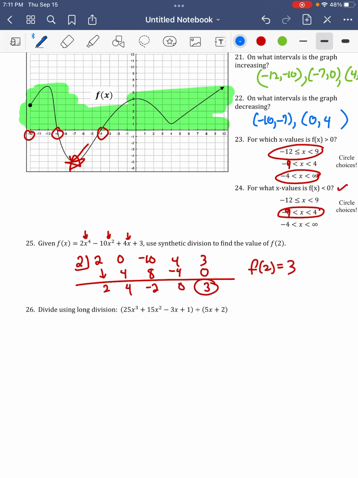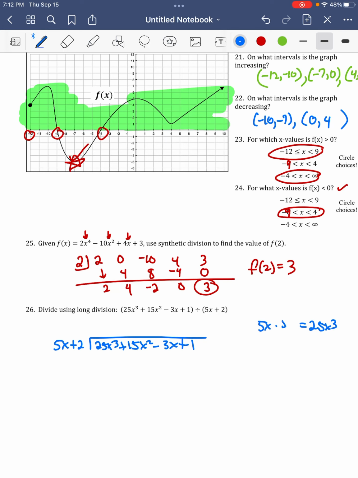All right, and last one here, long division. So we put 5x plus 2 out to the side. Go over here. Nothing's missing, so 25x to the third plus 15x squared minus 3x plus 1. All right, so what makes 5x? How do you make 5x multiply to 25x to the third?